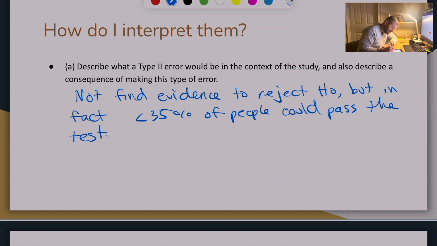This was about the amount of people that could pass a physical fitness test in this particular town. So notice, the way that I phrase it is the exact definition. I don't find evidence that the true proportion is less than 35%, but in fact it is.